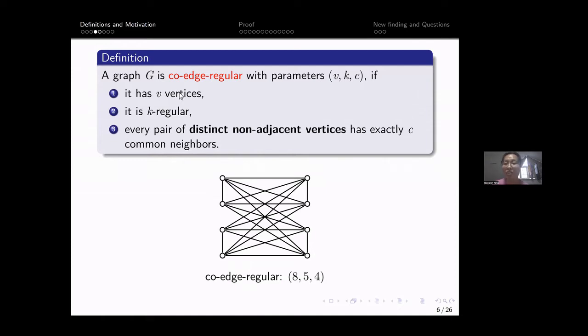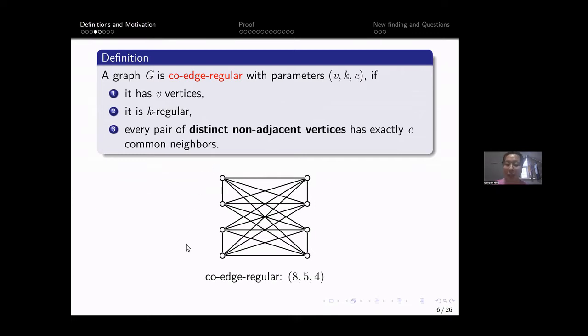From the definitions, we can say that co-edge regular graphs are a larger class of graphs than strongly regular graphs. It does not force adjacent vertices to have a fixed number of common neighbors. Here, I also gave a picture showing an example of co-edge regular graphs.